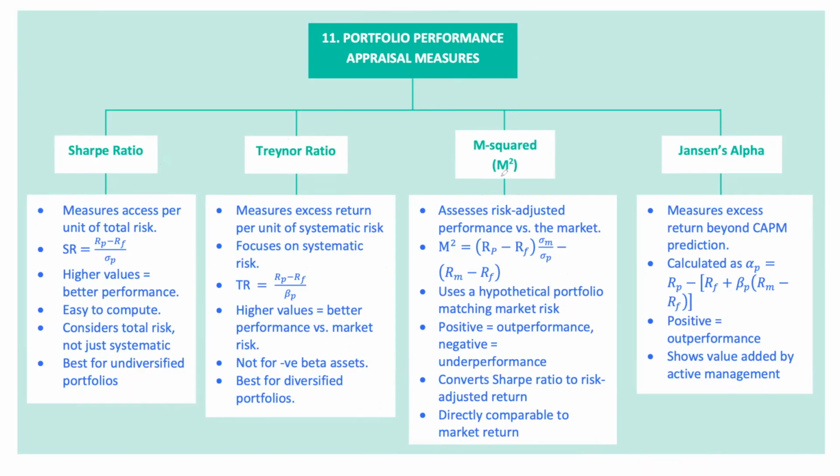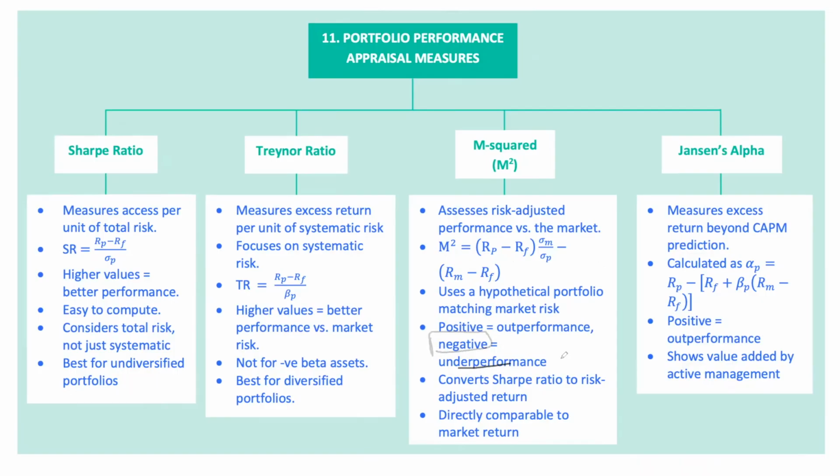It's Sharpe in disguise. If you've ever wondered what the Sharpe ratio feels like in percentage terms, this is it. What it does is take your portfolio, lever it up or down until it matches the market's risk level, and then compares the adjusted return. So if M-squared is positive, boom, your portfolio outperformed the market on a risk-adjusted basis.